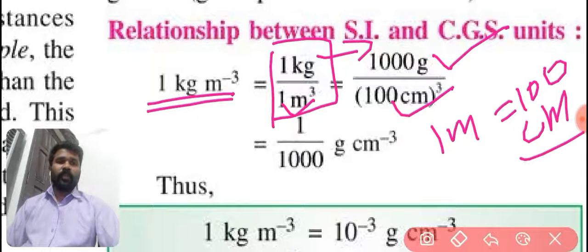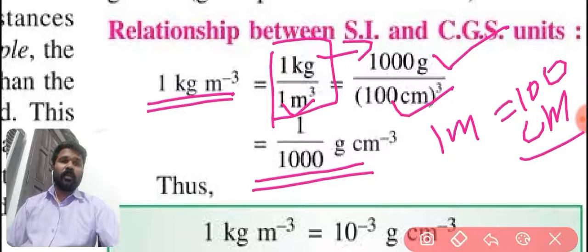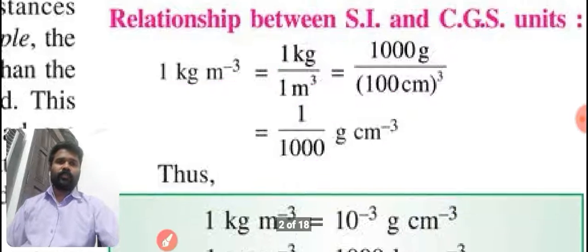That's why we can write 1 kilogram upon 1 meter cube is equal to 1000 gram divided by 100 centimeter cube. So that is equal to 1 upon 1000 gram per centimeter cube.